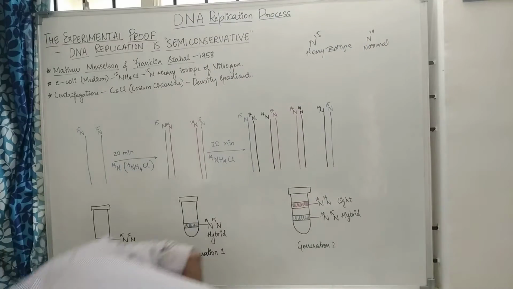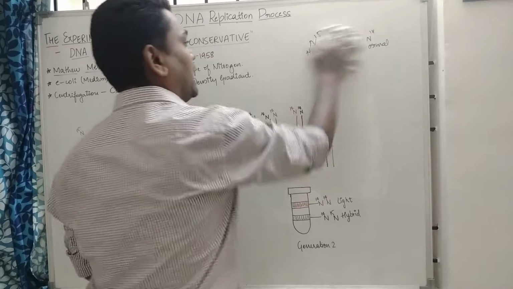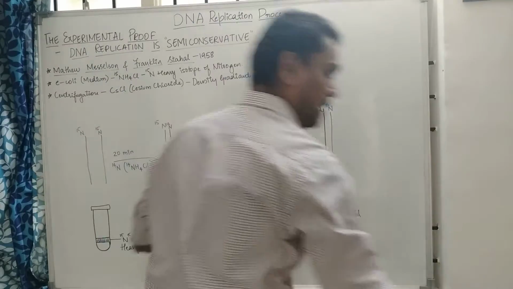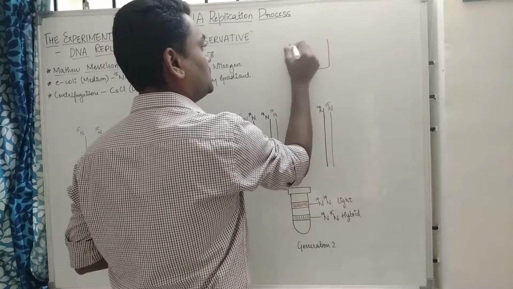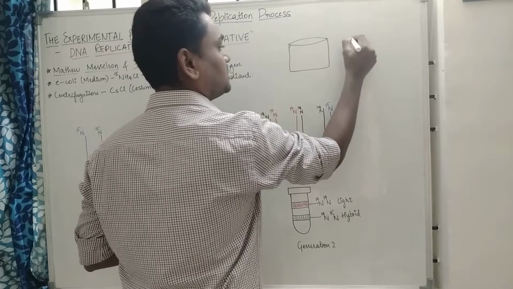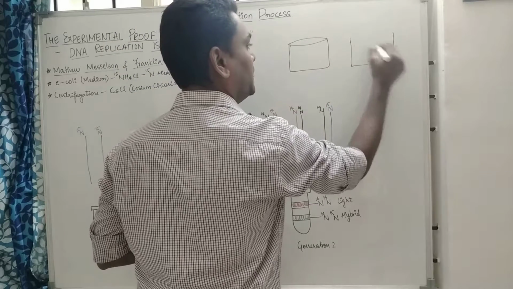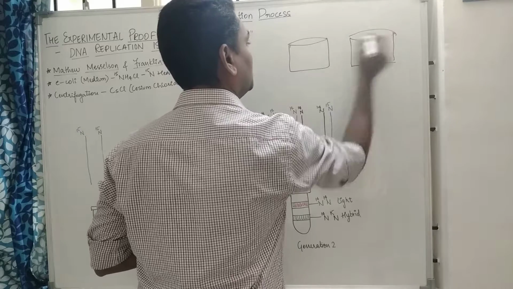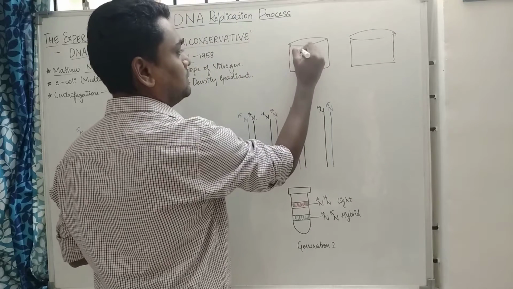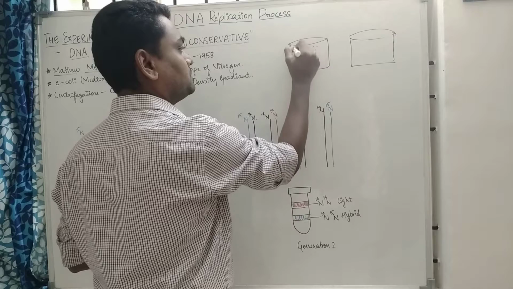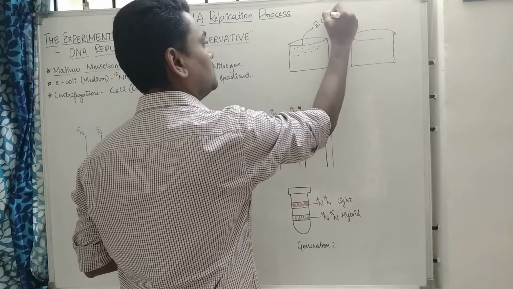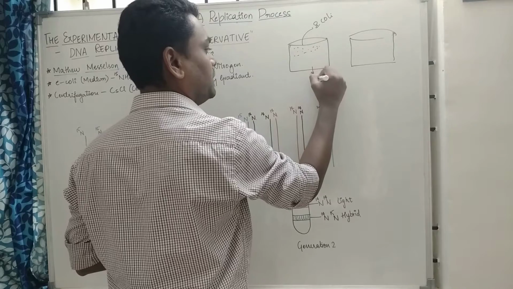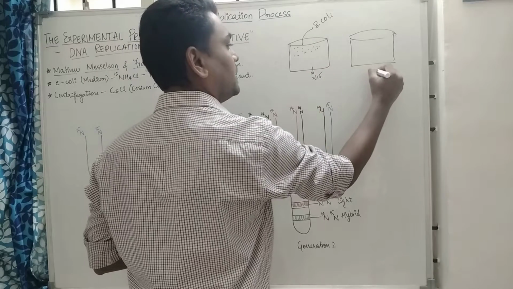What they did was use two containers, or two culture media, with E. coli. This one is N15, this one is N14.